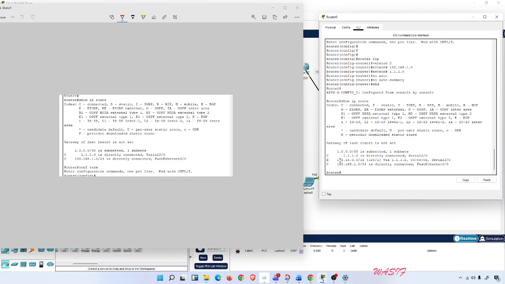So if you look at here, you can see this 172.16.0.0/16 via 1.1.1.2. Now does he know about 1.1.1.2? Of course he knows. First of all, you see the difference between these two things. You do not have this 172, now you have this 172.